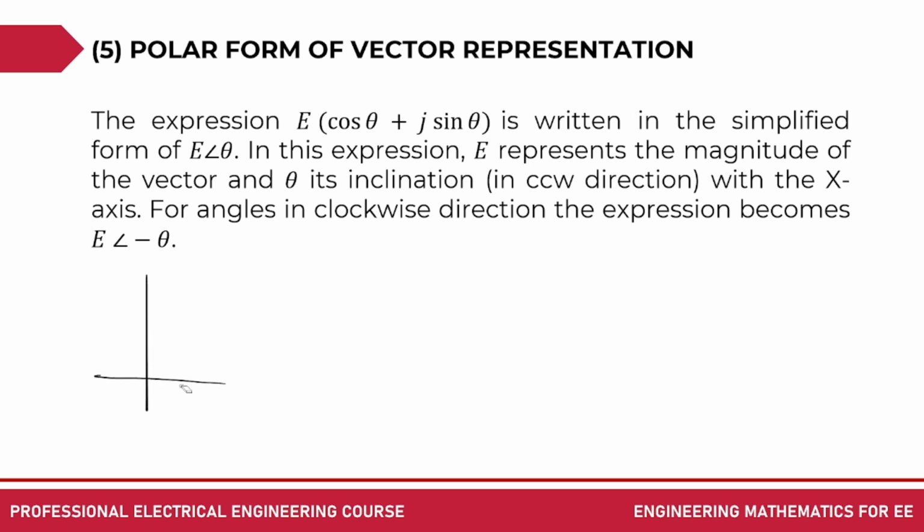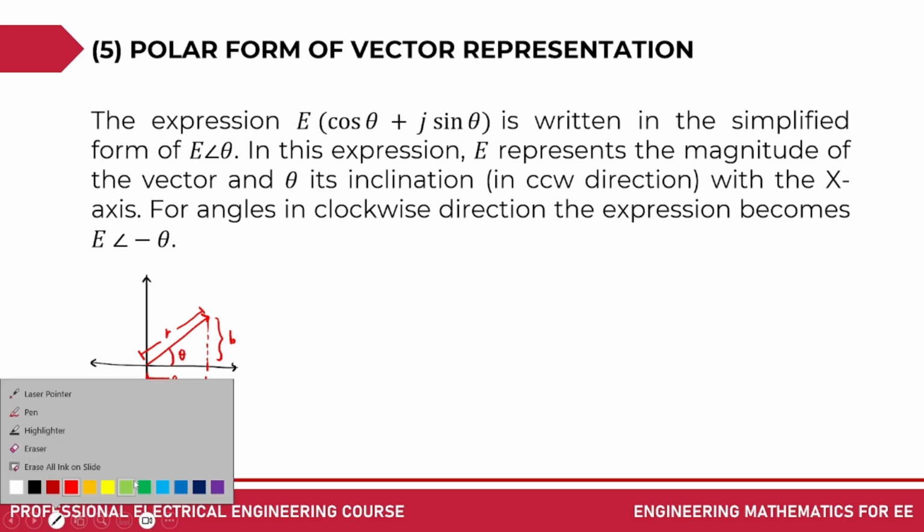Let's say you have your complex number here, a vector, and this is A and this is B. Now, for polar form, we need to get the R and the theta.